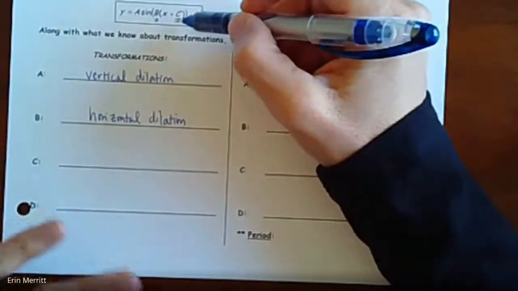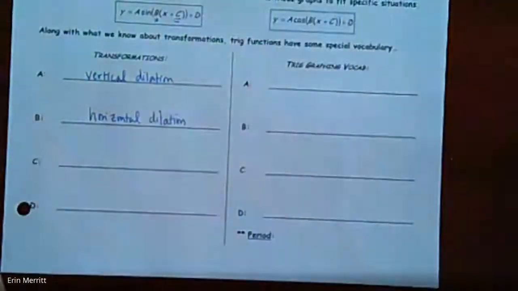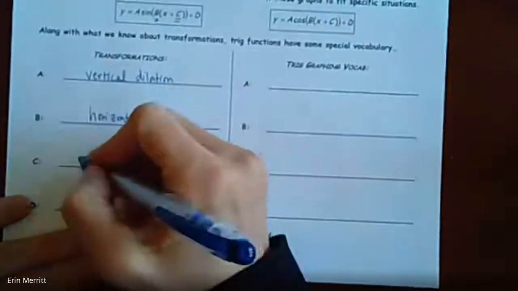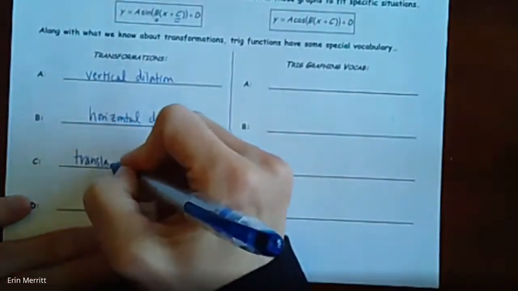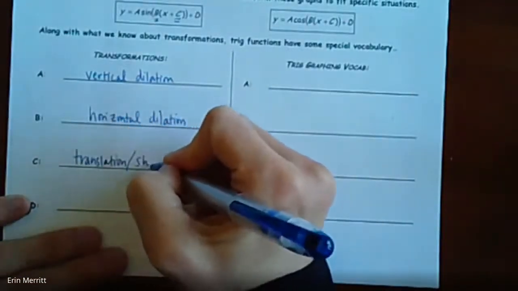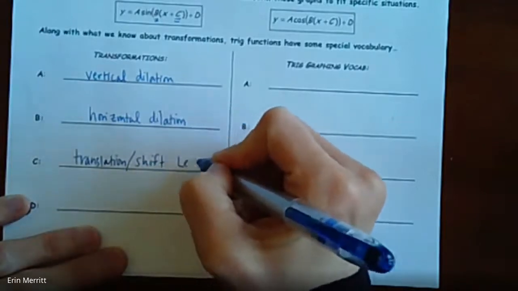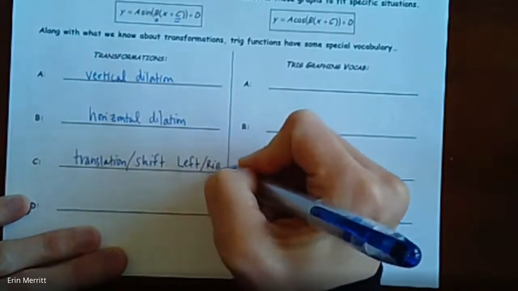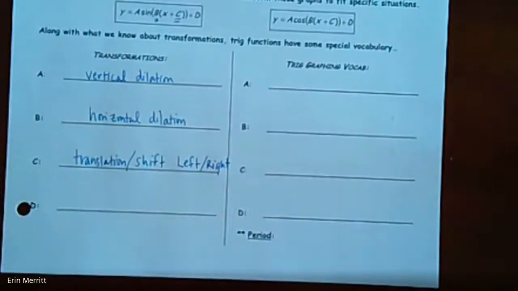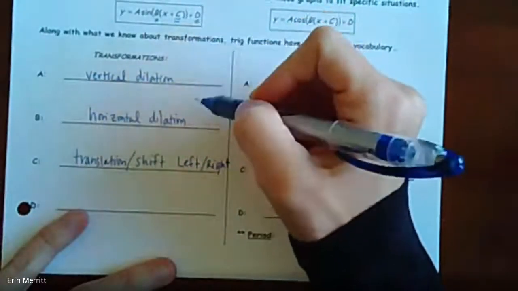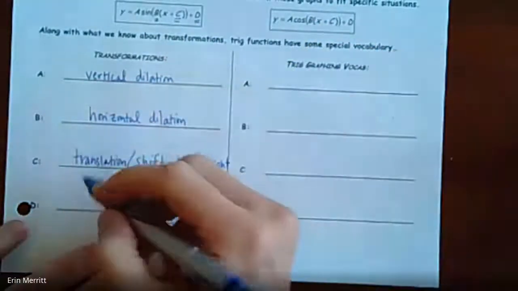And now, if we have something added or subtracted, that shifts it left or right. So that's a translation or a shift going left or right. So you could call that a horizontal shift, right? And then the last thing is if I have something added out on the end, that shifts it up or down.